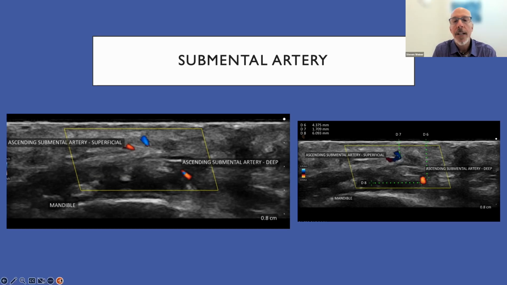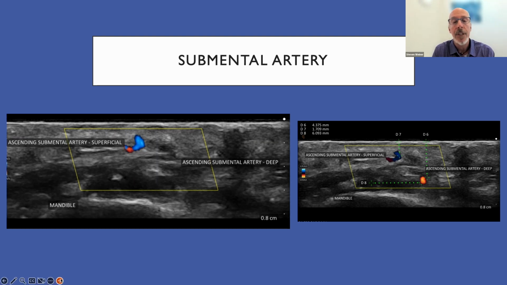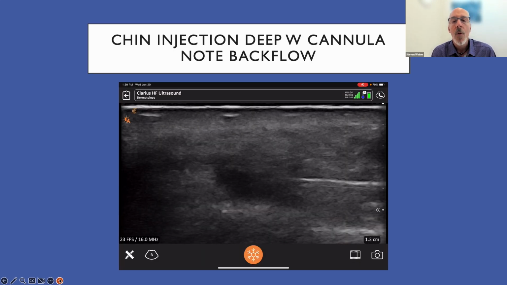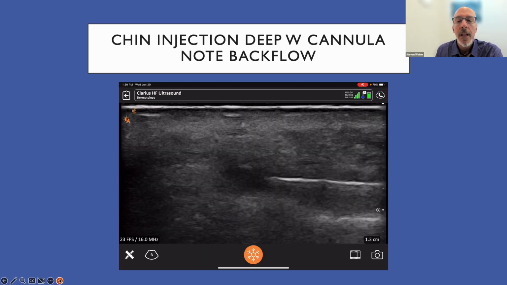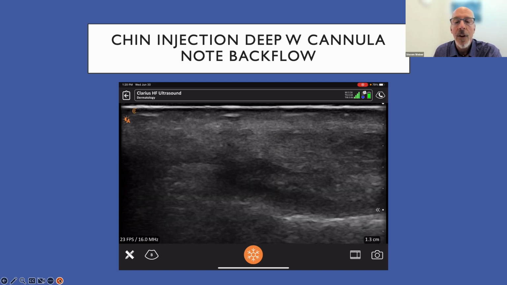So I want to show you what a patient that has both the deep and superficial ascending mental looks like. That's on the left side of the screen. And I measured it, and it was 6 millimeters from the midline on this patient, which is textbook. What I want to show you here is a cannula, and this exemplifies the backflow phenomenon.